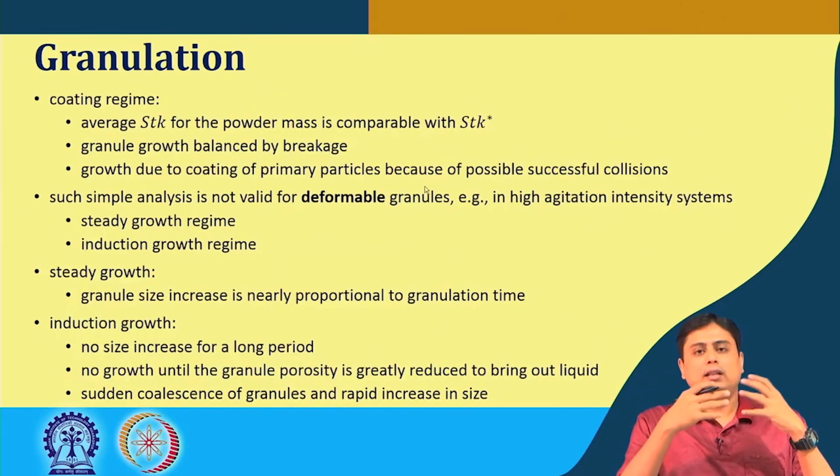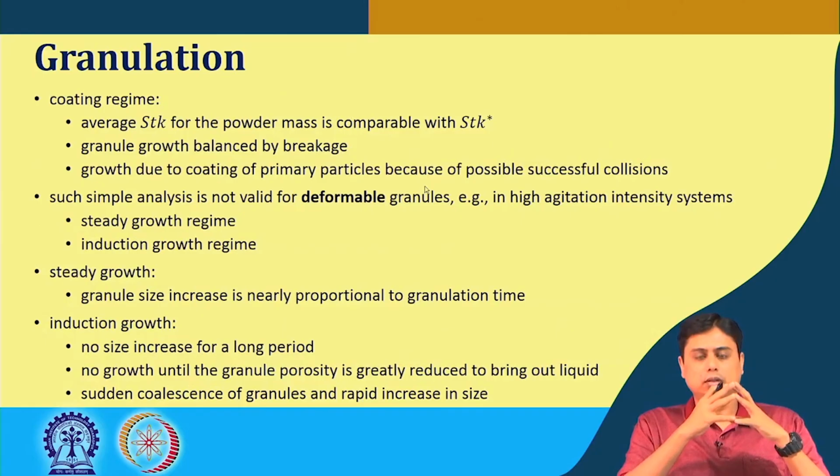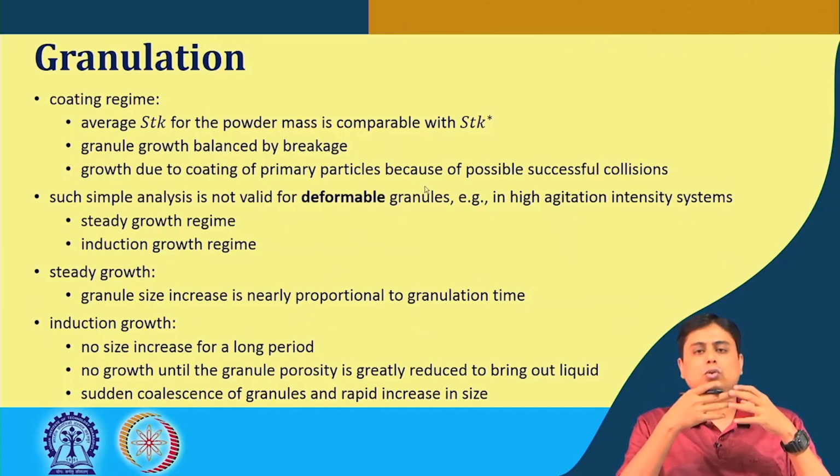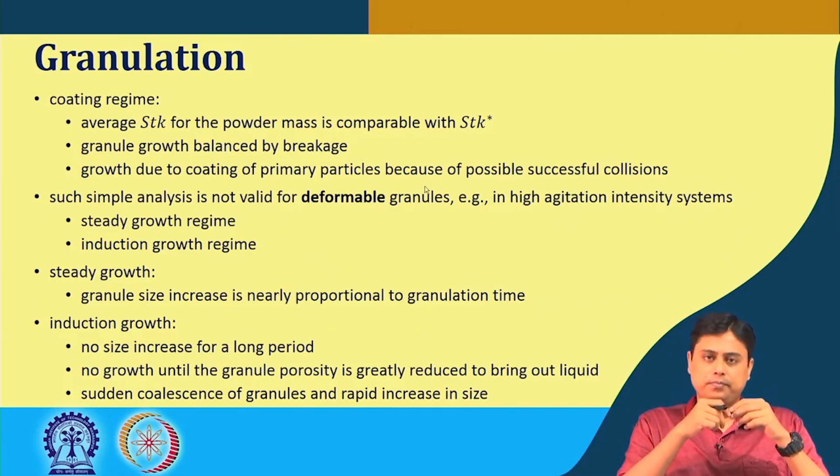And when the average Stokes number by mass of the whole powder is comparable with the critical Stokes number, then the granule growth is balanced by the breakage. And this stage is called the coating regime, because the growth is now mainly due to the coating of primary particles onto these grown granules.